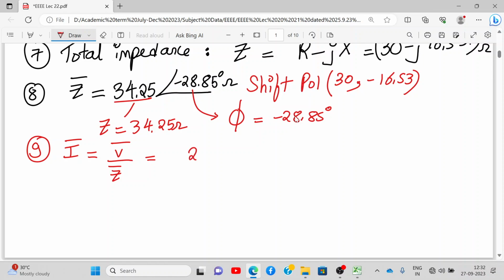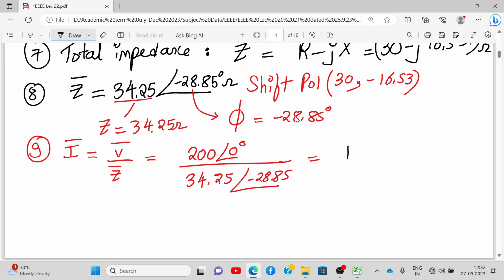What will be V bar? 200 angle 0, and Z bar will be this 34.25 angle minus 28.85. So what is 200 divided by 34.25? It's 5.84. Yes, 5.84 angle plus 28.85, and this will be amperes. This is my circuit current.